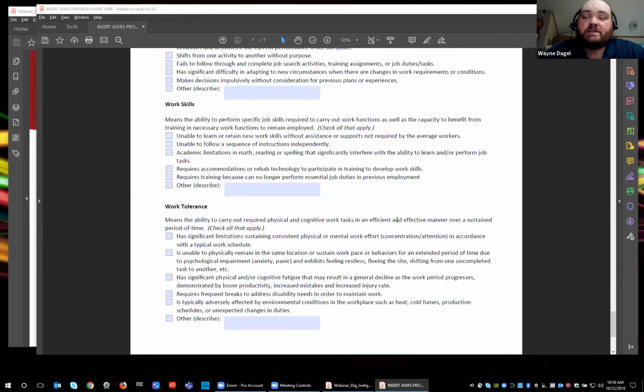So in that situation, you'd be able to start looking at developing an eligibility for that individual based off of the doctor's information. Now, once you determine eligibility, then you start looking at service provision, right?